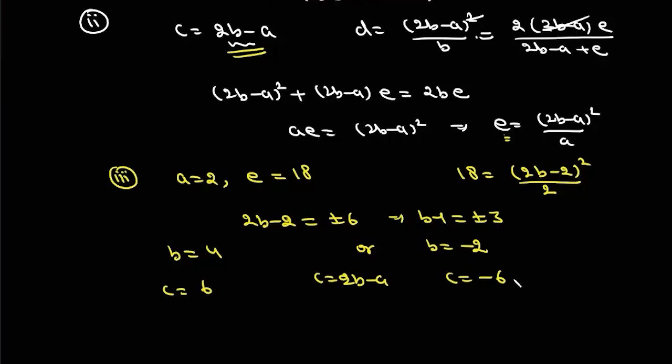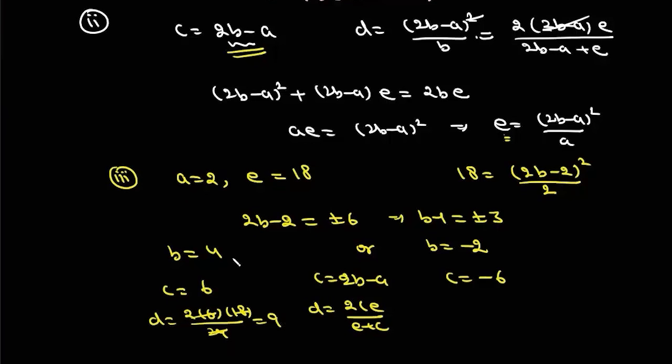And now we have to find the value of D. And we know that D is twice CE upon E plus C. So here this D will be 2 into 6 into 18 upon 24. So value of D is 9.